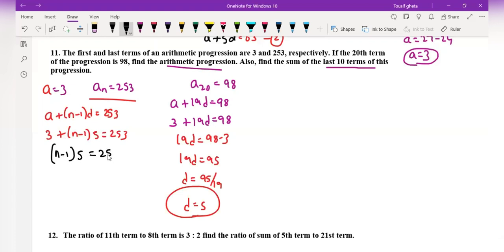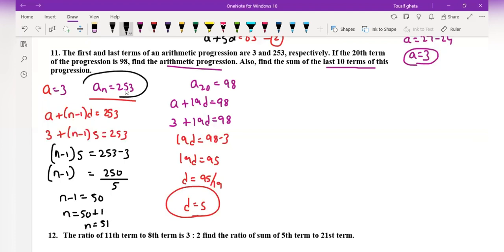So 253 minus 3. So n minus 1 is equal to 250, and cross multiply 5. So n minus 1 is equal to 50. Transpose minus 1, you will get 50 plus 1. So n value we got as 51. That means total terms are how many? 51. That 51st term value is 253.